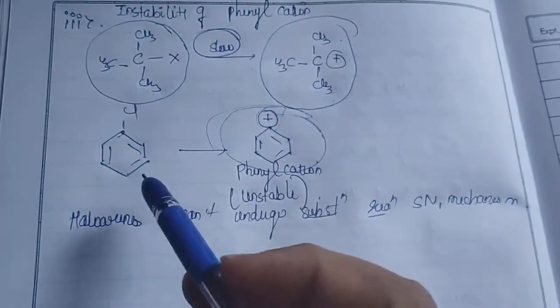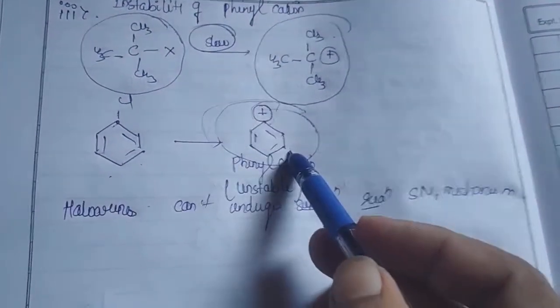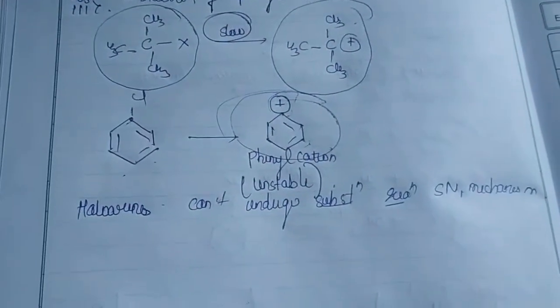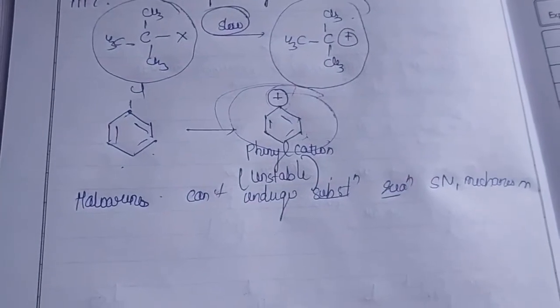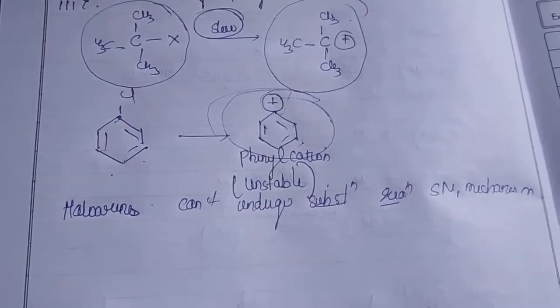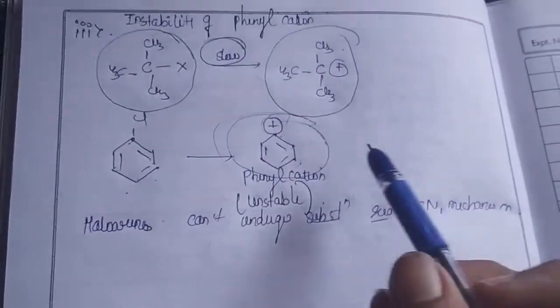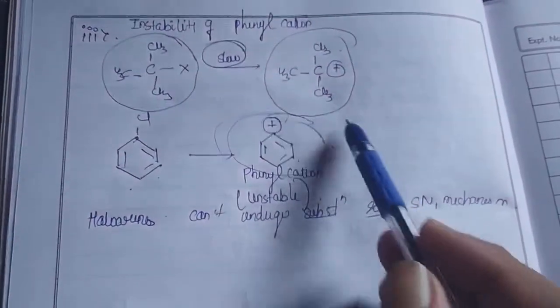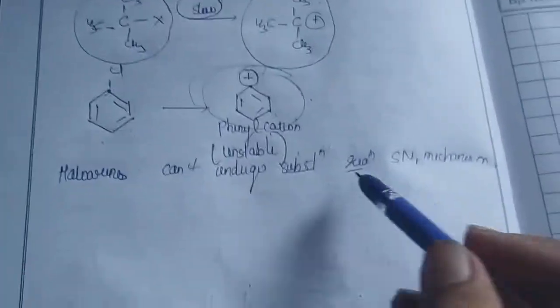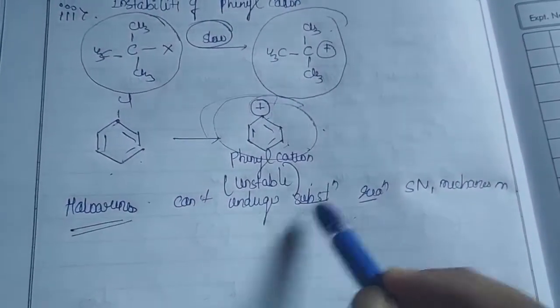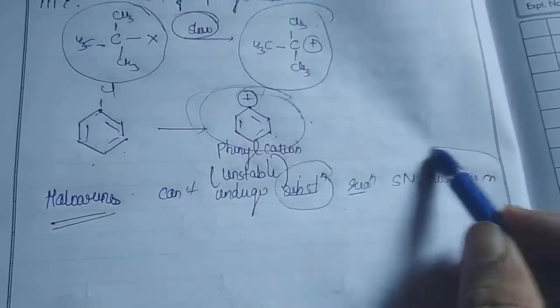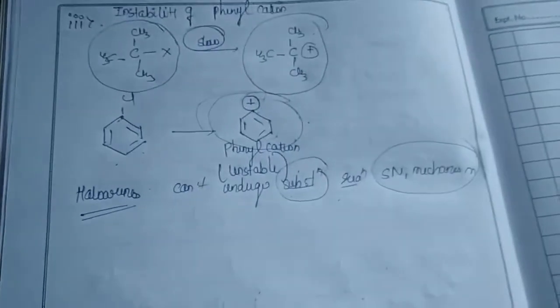But we are seeing that whenever a haloarene forms a carbocation, it is highly unstable. And in chemistry, instability does not favor anything. It should be stable, then only can we proceed with the reaction. So due to its instability, it cannot form the carbocation, and that is the reason haloarenes can't undergo the substitution reaction through the SN1 mechanism.